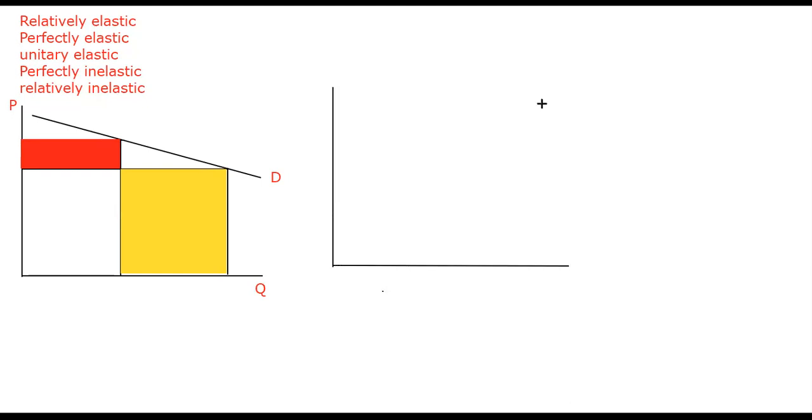How does the demand curve look like? Perfectly elastic. This is the demand curve. It is horizontal. What do we have here? We have the price. Here we have the quantity.